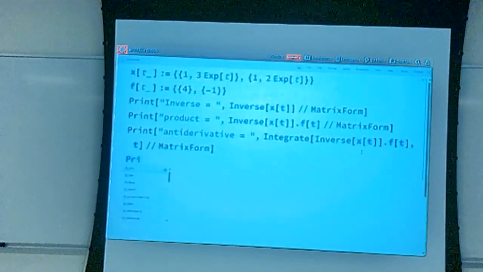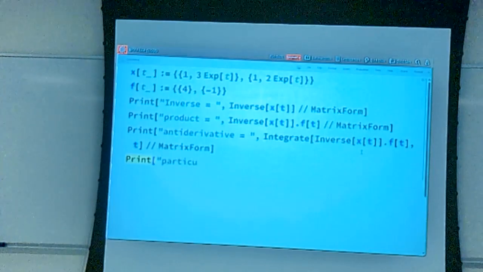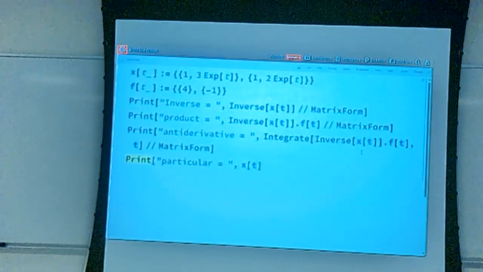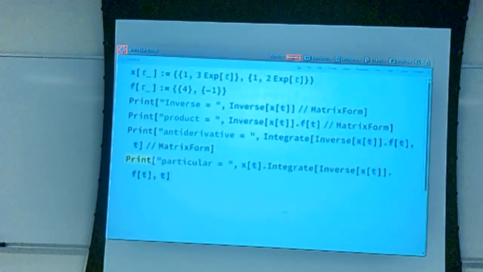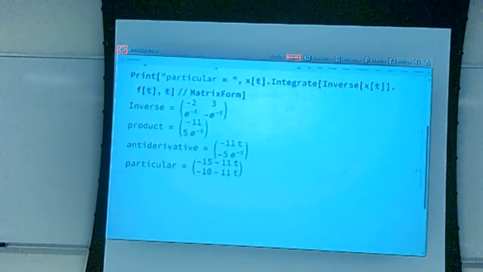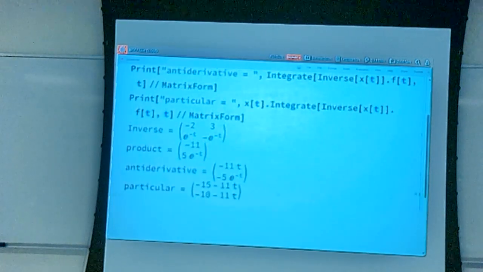That'll give us the antiderivative. And then the particular solution is x of t dotted with this. Let's put that in matrix form. There's your particular solution. I just have everything listed out so we can see what it all is.